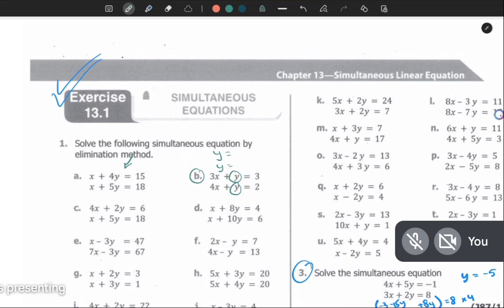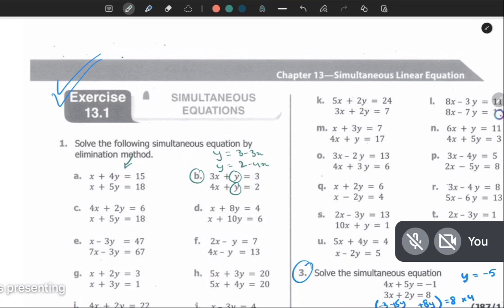Yes. Okay. बताओ. Y is equal to 3 minus 3x and y is equal to 2 minus 4x.